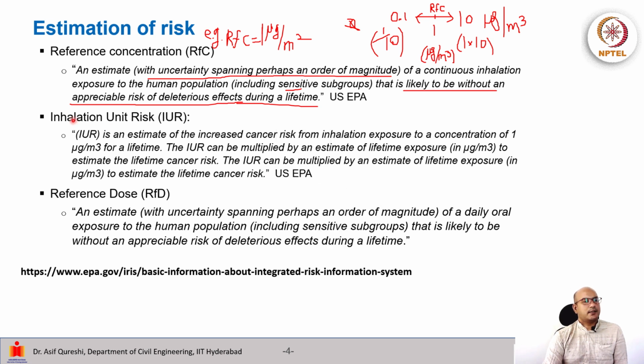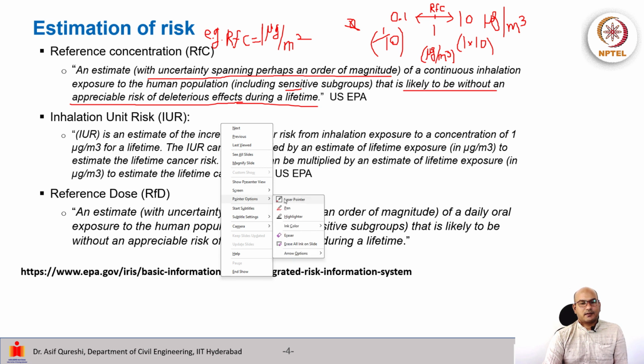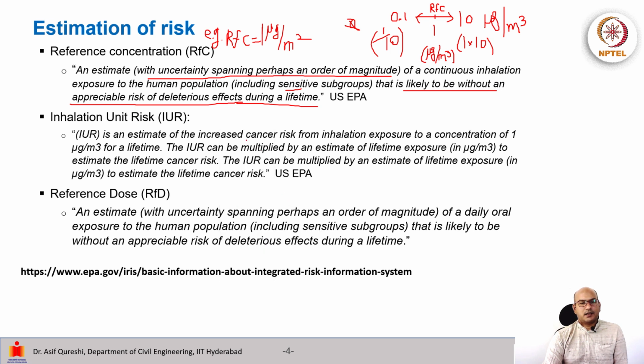Then the next is inhalation unit risk. This is generally used to evaluate our cancer risk. So IUR is an estimate of the increased cancer risk from inhalation exposure to a concentration of 1 microgram per meter cube for a lifetime.